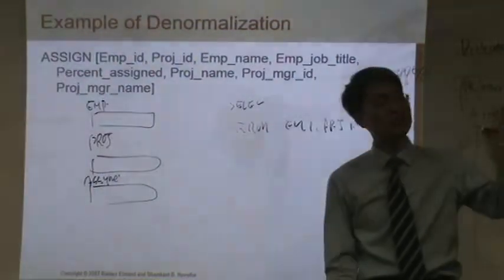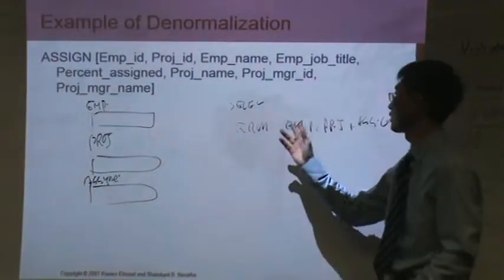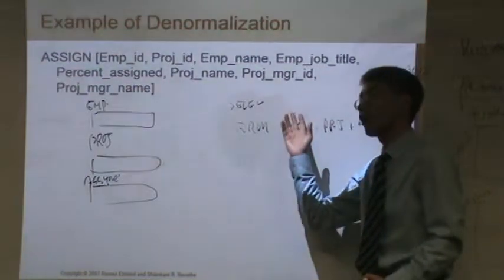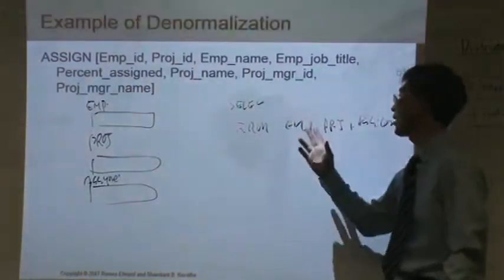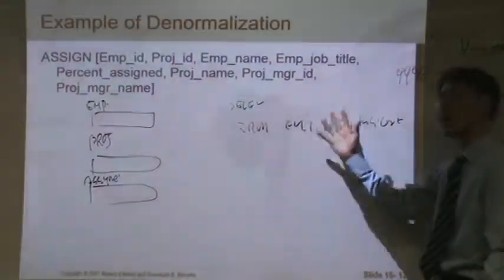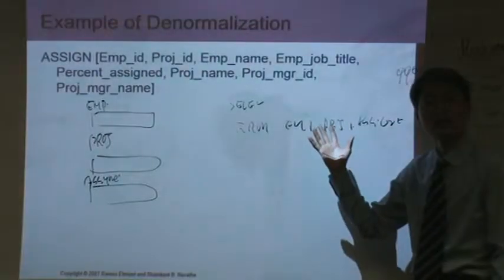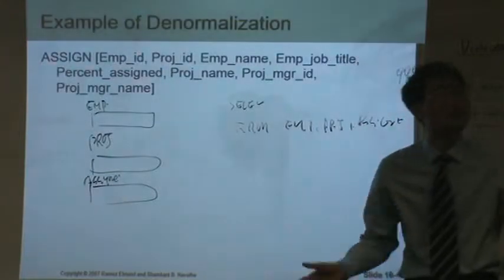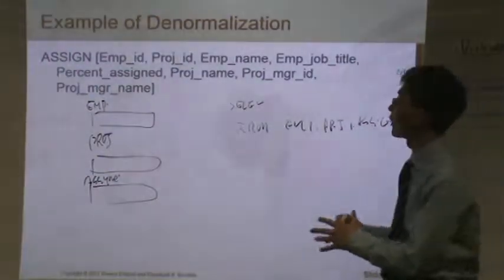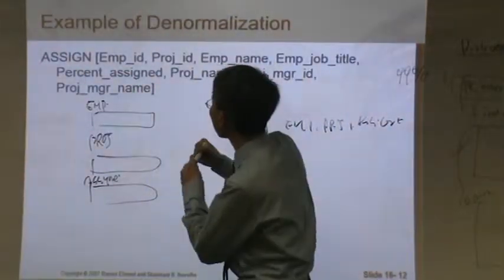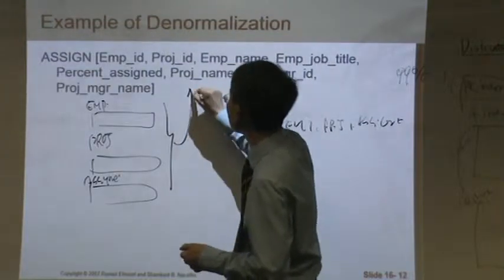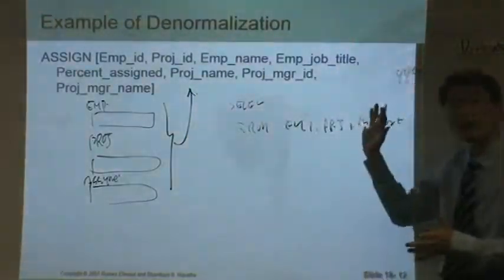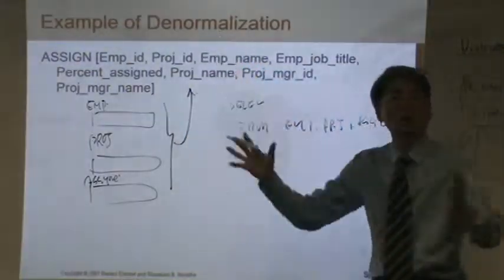As you have seen in the query optimizer, we need to find how to access this table, how to join this one, and also how to join this one. Right? So depending on that, it will definitely be slow. So what if we combine, put together this into this? Then when you access the query, you don't have to worry about the join.